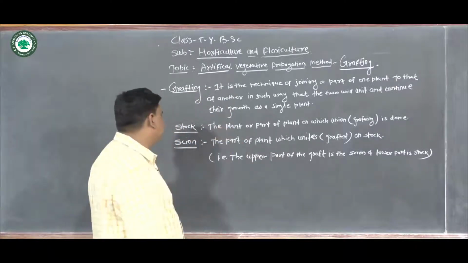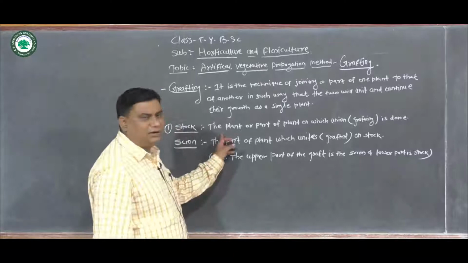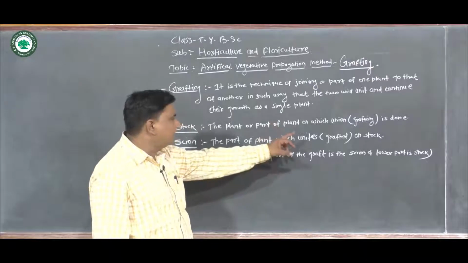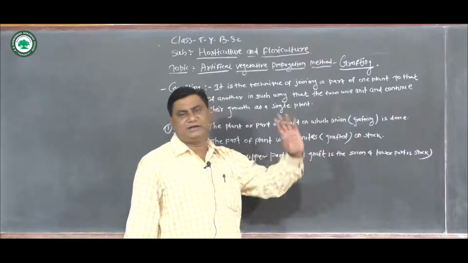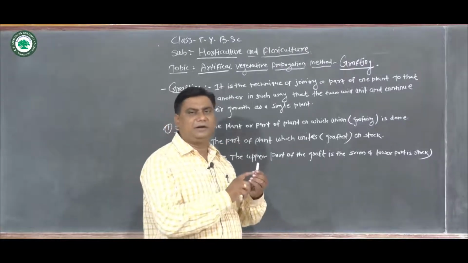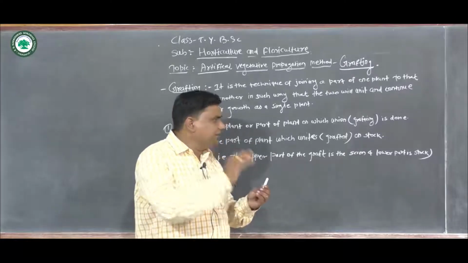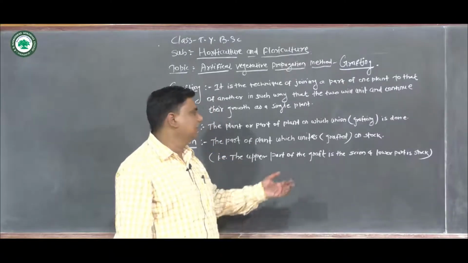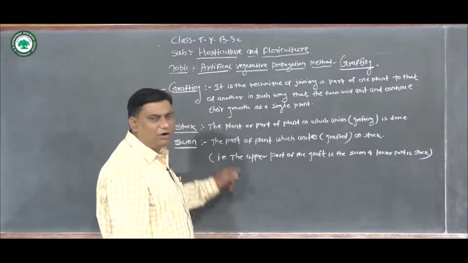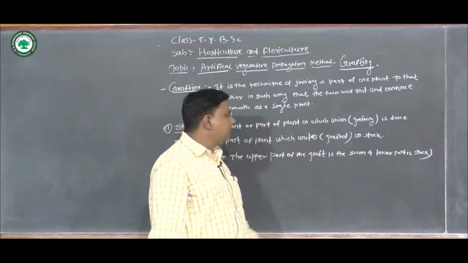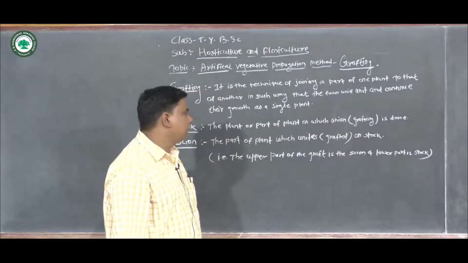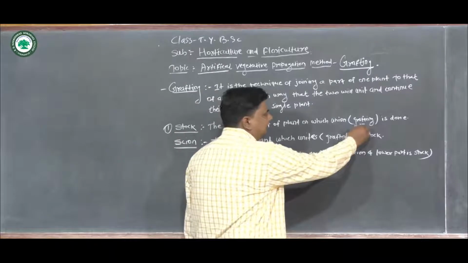First of all, the stalk: the plant or part of plant on which union is done, or in simple language where the grafting is done, is called the stalk.